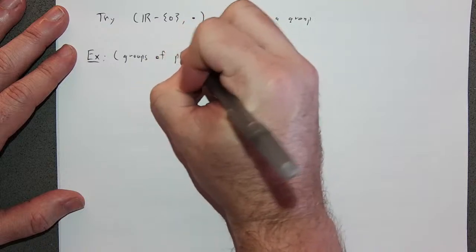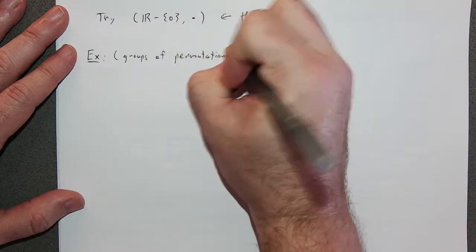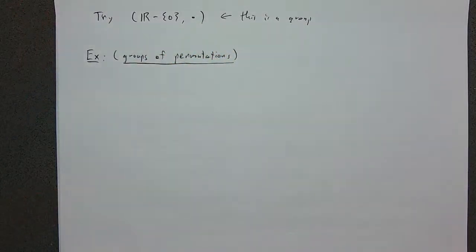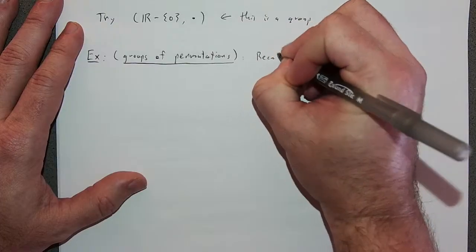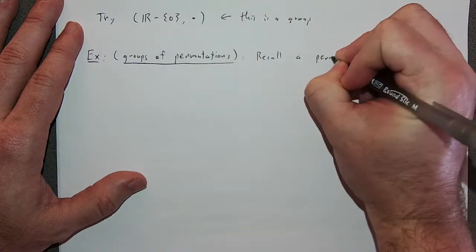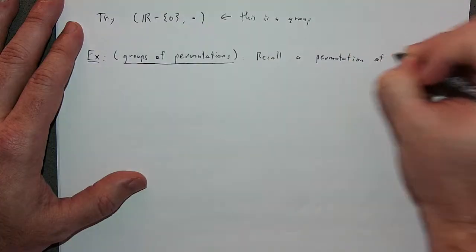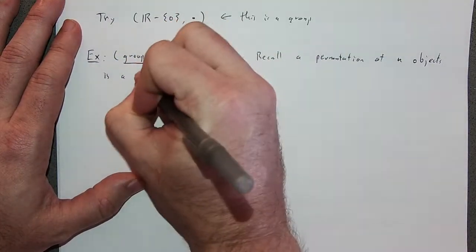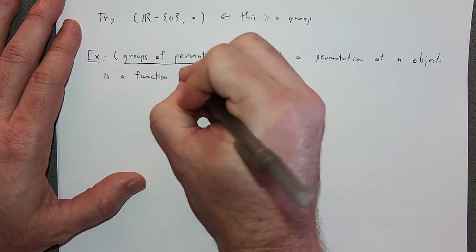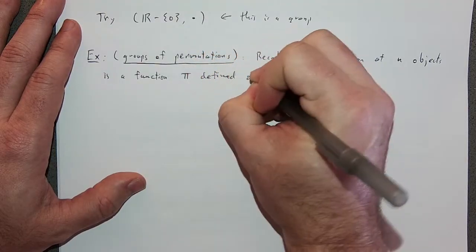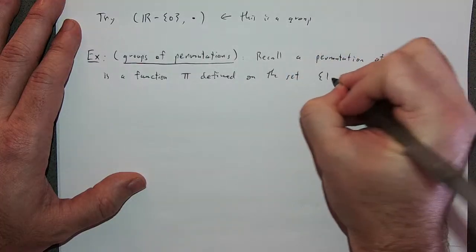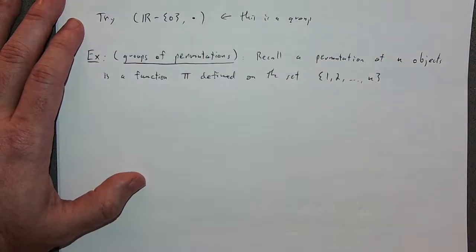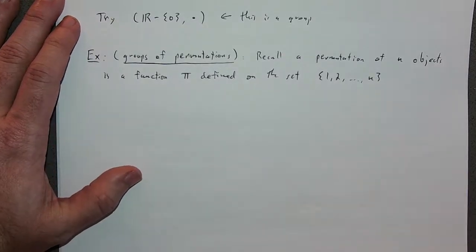How about groups of permutations? Well, recall a permutation of n objects is really a function pi defined on the set 1, 2, so on out to n, by ordering the objects in some fashion.